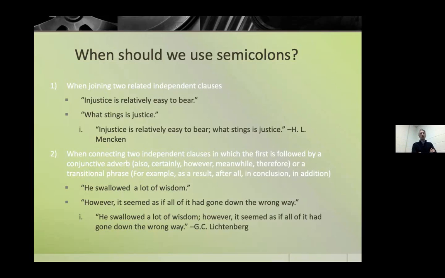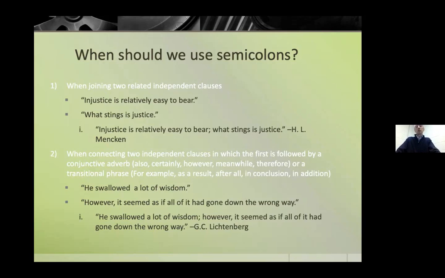So one of the basic uses is to combine two independent clauses. Functionally, it's the same as coordinating clauses. It functions the same way as a comma and coordinating conjunction does, like comma and, comma but, comma or. You certainly can use those, but the difference here is that you don't need to spell out the relationship.